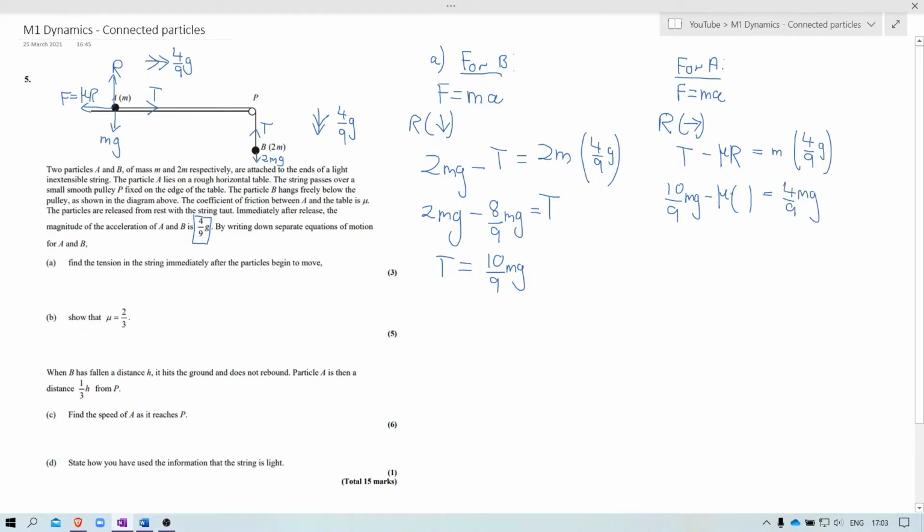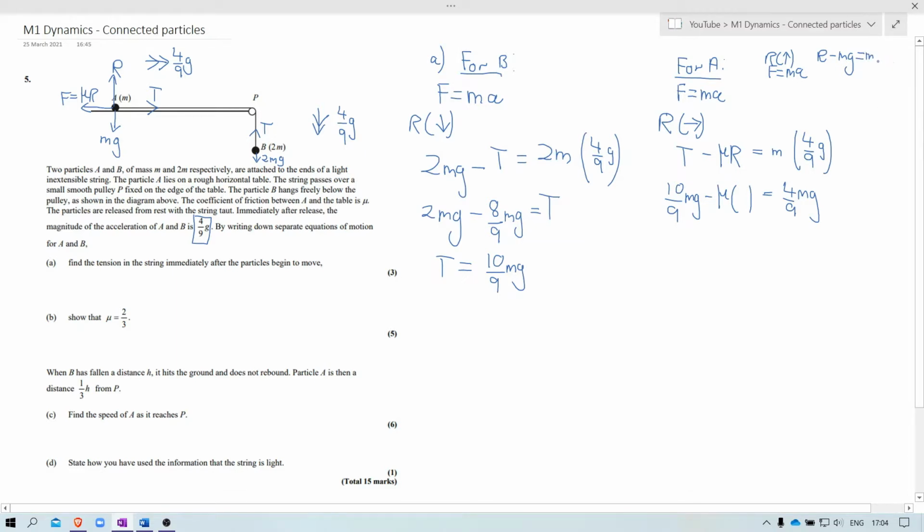Okay, so how do you work out the normal reaction? To work out the normal reaction, you would resolve upwards, still for A, using the same formula, force equals mass times acceleration. So we're resolving vertically, so R minus mg is equal to ma.